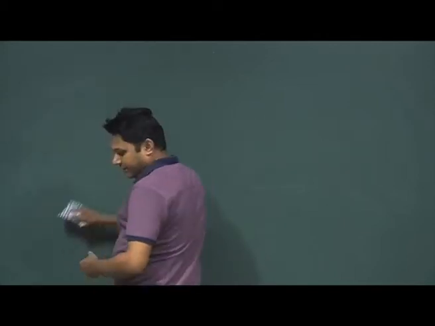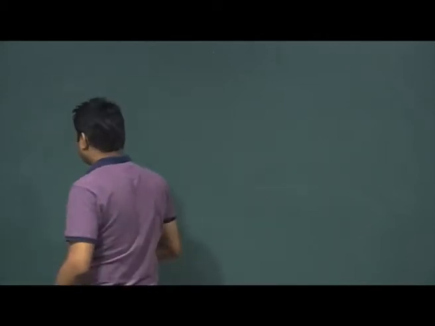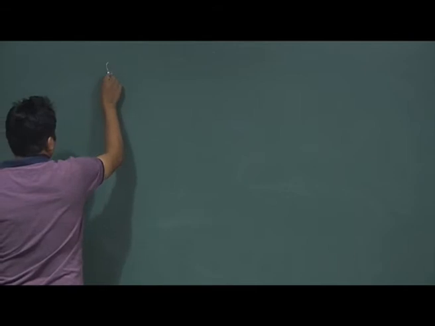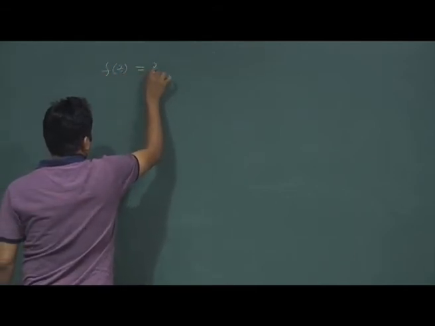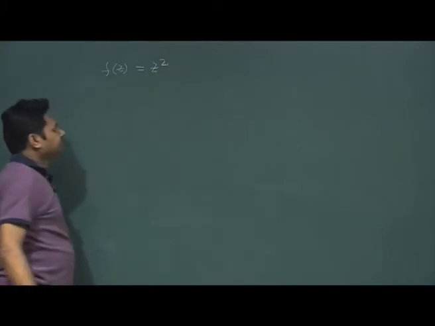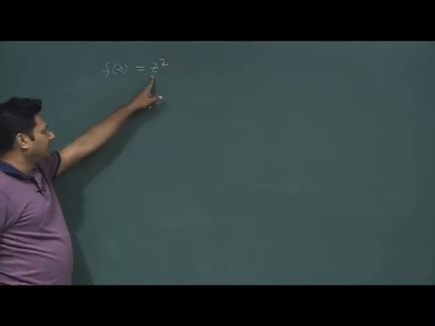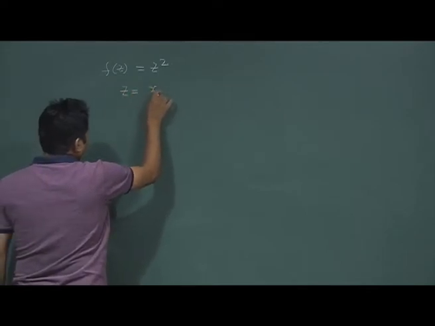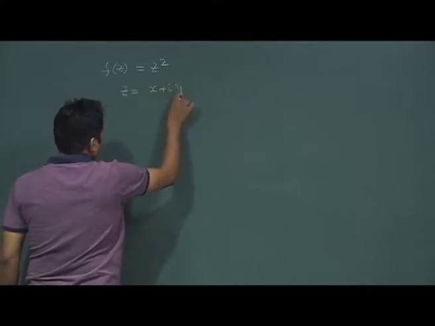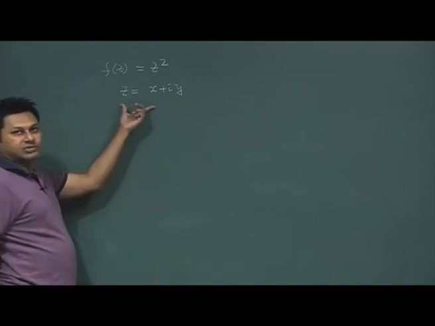So after having a very basic idea about how complex functions work, say f(z) is z square. So my rule is given. What is my z? x plus iy, this is my z.